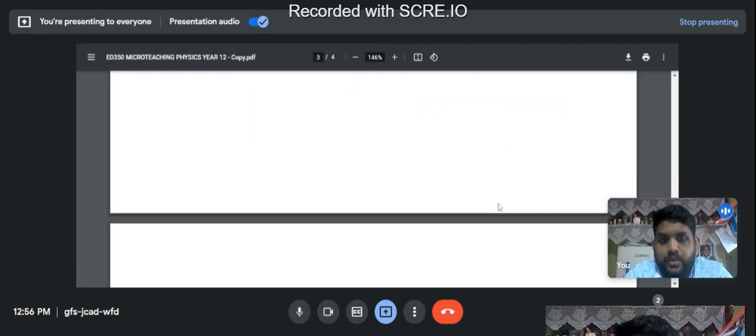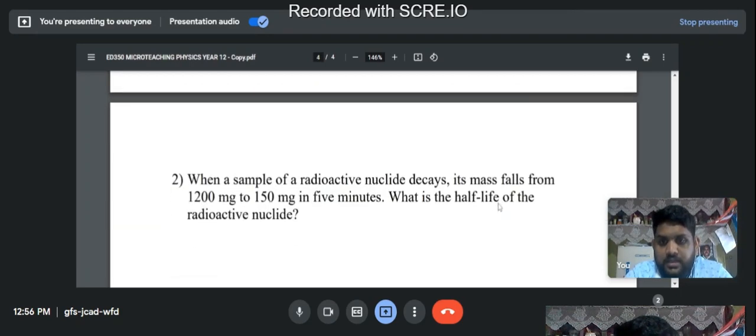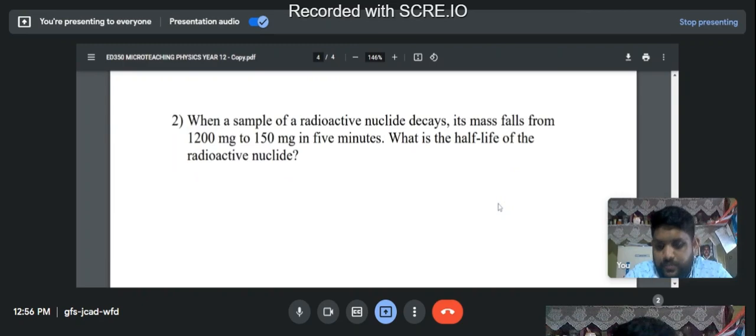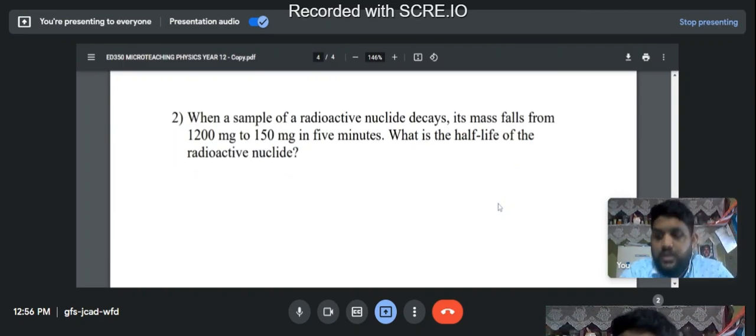Now example 2 and example 3 are similar, so I'll just discuss example 2. For example 3, you can use a similar concept. Sorry, exercise 3. When a sample of radioactive nuclide decays, its mass falls from 1200 milligrams to 150 milligrams in 5 minutes. So what is the half-life?